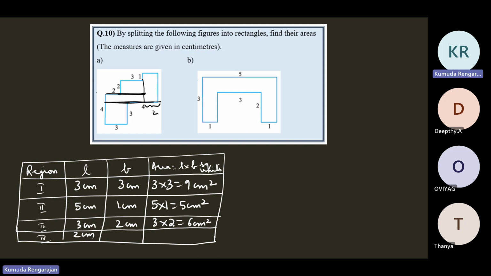This is 7, then that means this also should be 7. The opposite sides of a rectangle are equal, no? But in 7, you have 2 here and 3 here, so in 7 you have 5. The remaining 2 is here. This is 2.